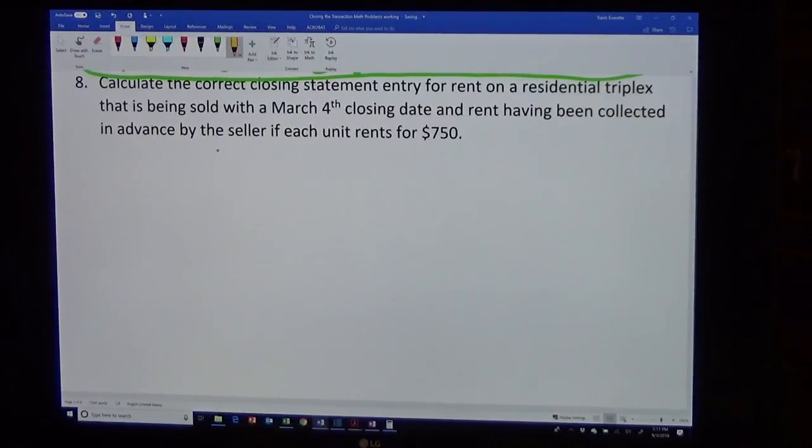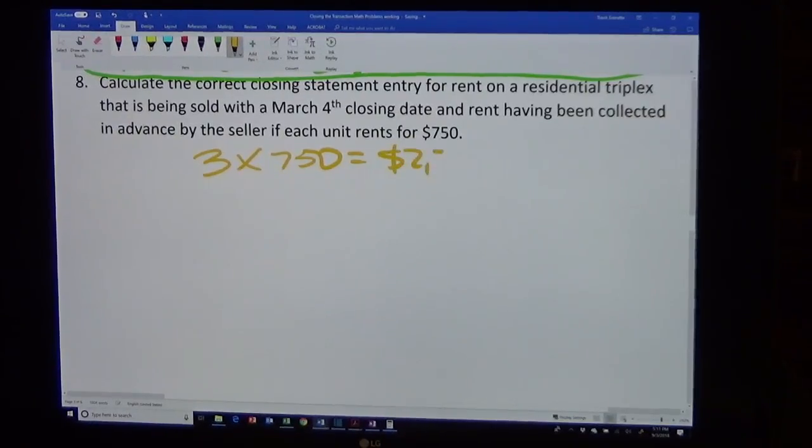If the thing is a triplex, it has 3 units. And if they each rent for $750, that means the monthly rent is $2,250 per month in rent that's been collected.